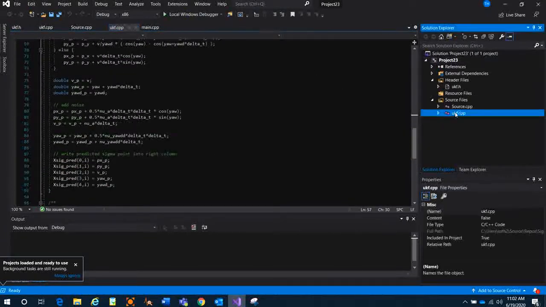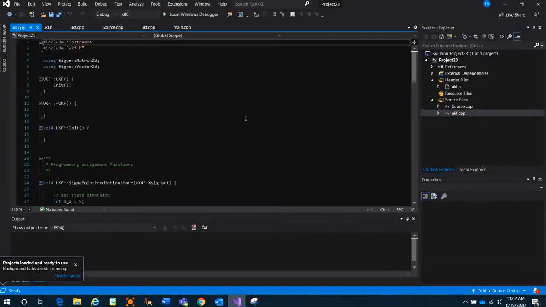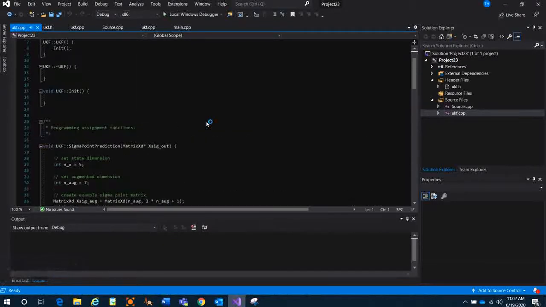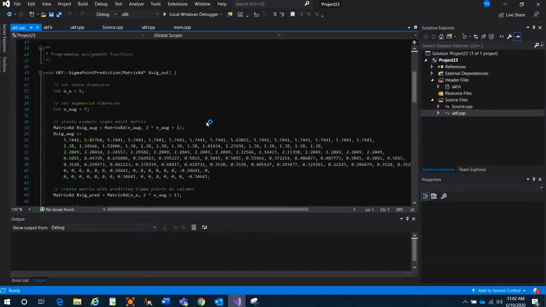Okay, we also have the UKF class right here. We also have the sigma point prediction. After we already have the augmented sigma point, we continue with another step, the sigma point prediction at time k plus 1.